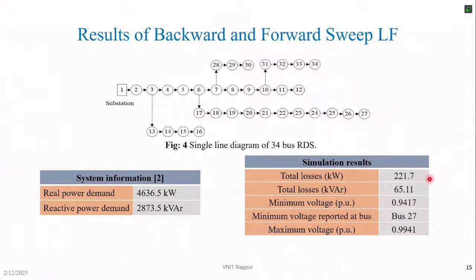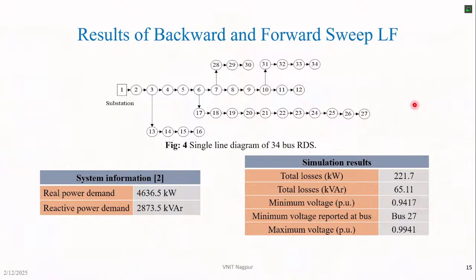At that time, we generally obtained active power losses of around 221.7 kW. And as it is a distribution line, the minimum voltage will be at the bus which is far from the substation. So the minimum voltage comes at bus number 27, and its voltage is around 0.9417.